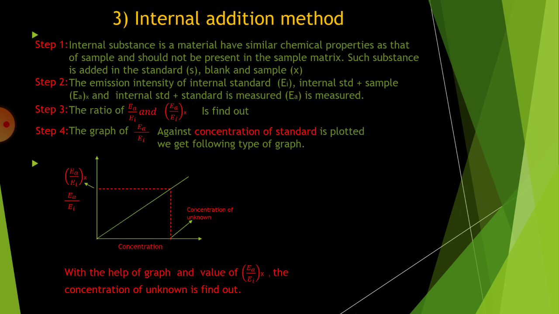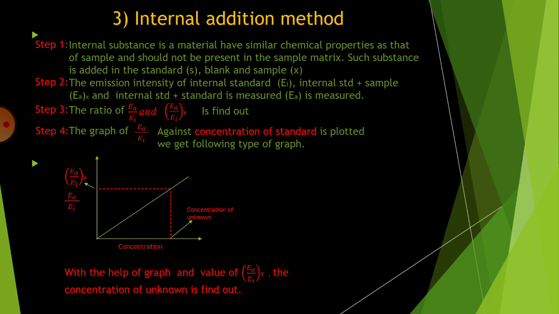And third is the internal standard method. In the internal standard method, an internal substance is added. Now, what is the internal substance? The internal substance is the material which has similar chemical properties to those of the sample and should not be present in the matrix of the sample.